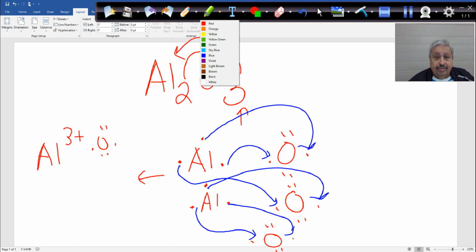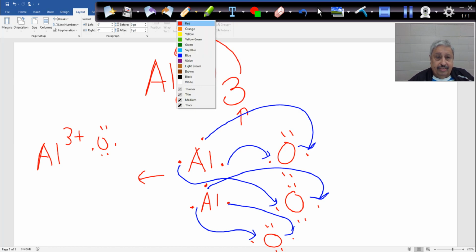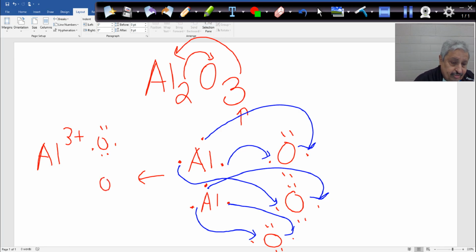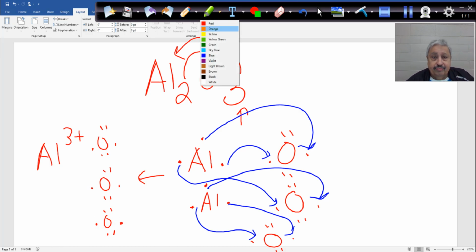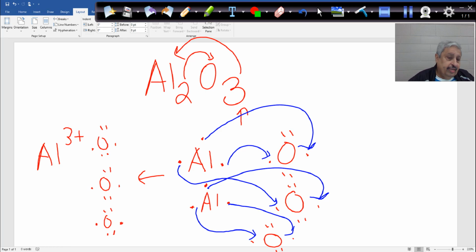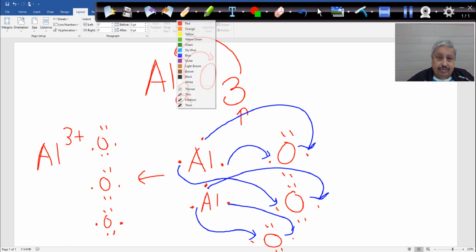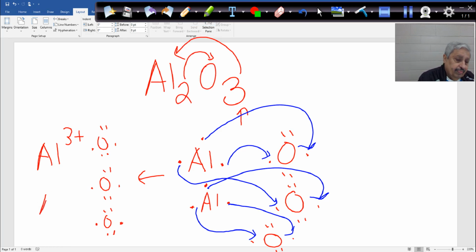let me see. I'll put them first like this, and then we'll come. Those are the oxygens here. 6. 6. Then what will happen here? You have two aluminums, correct? Al loses 3. So 3 and 3, how many? 6. 3 and 3 positive.